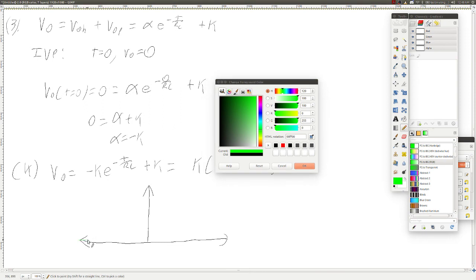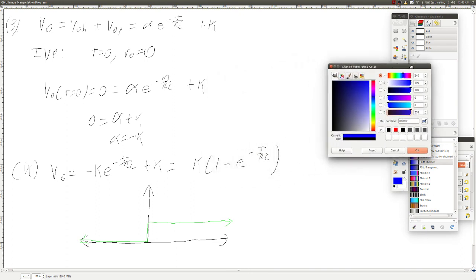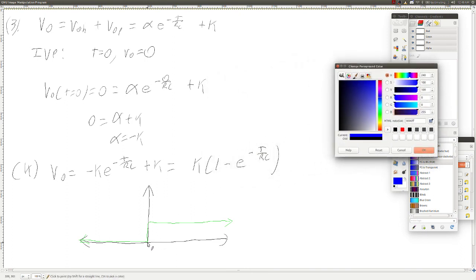So green is our input term, our Heaviside step function. I'm going to make the next one blue. This plots like such. Oh, that blue's a little bit harder to see than I was hoping it would be. That should not peek over that. Let me change that to be a little bit cleaner.